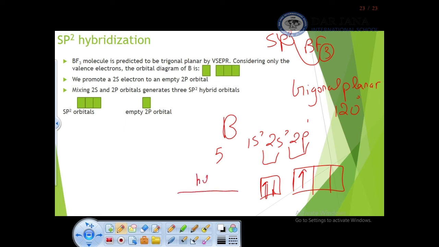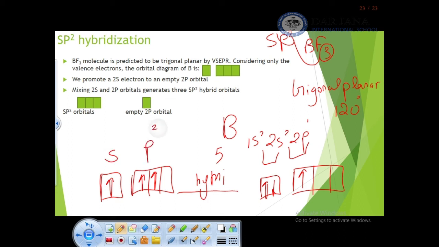After hybridization, we will obtain 1 up, and we will obtain 1 up, 1 up. So it's s and p2. Why 2? Because we have 1, 2. s1 because we have 1. Okay? So for that reason, BF3 is sp2.